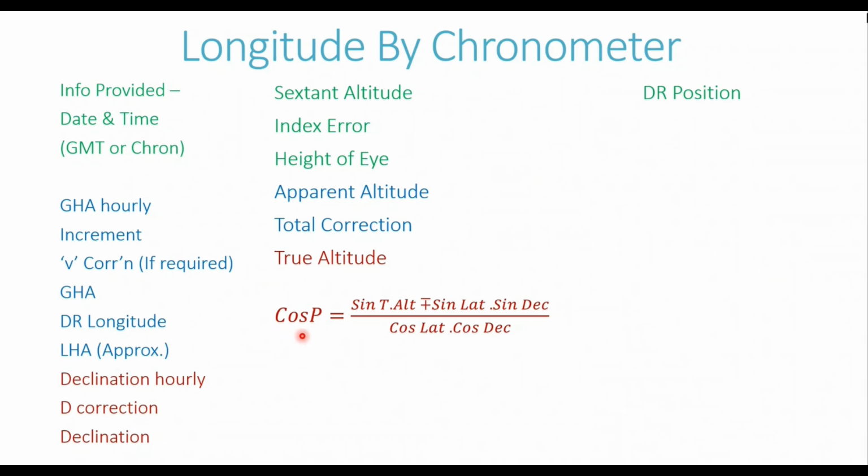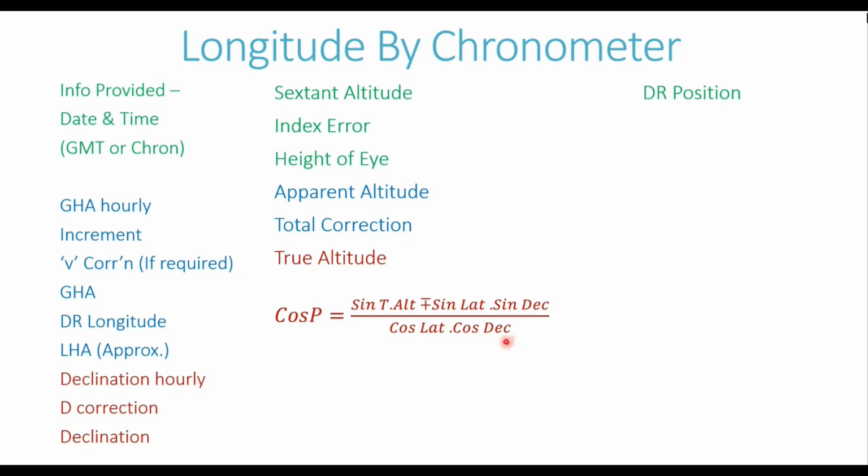So cos of P is equal to sine of true altitude minus/plus sine of latitude multiplied by sine of declination, whole divided by cos of latitude multiplied by cos of declination.